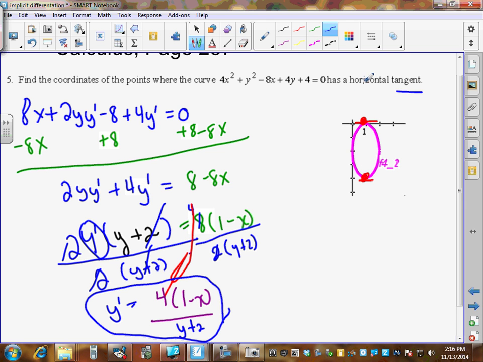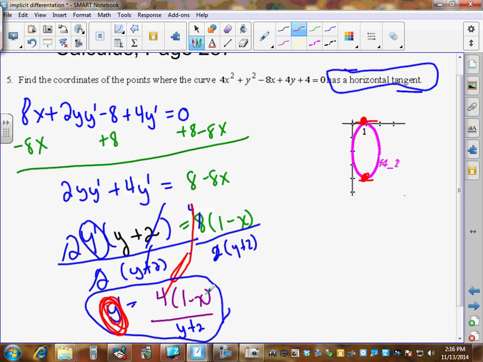Okay, our next step is we want to know where this has a horizontal tangent. At the horizontal tangent, we know that the derivative is equal to 0. So we want to know where this derivative would be equal to 0.